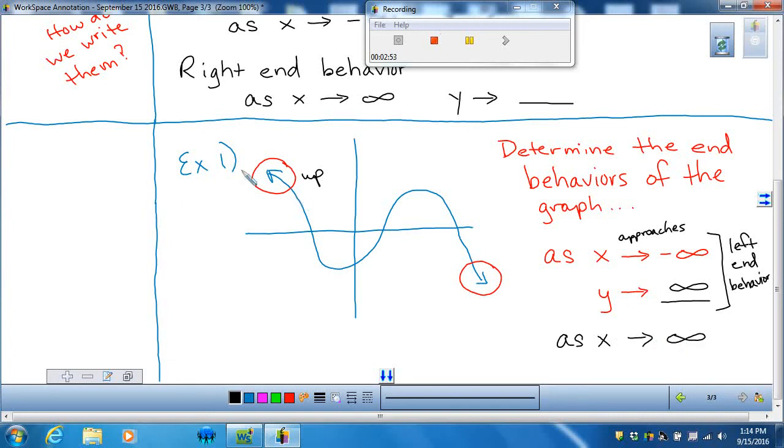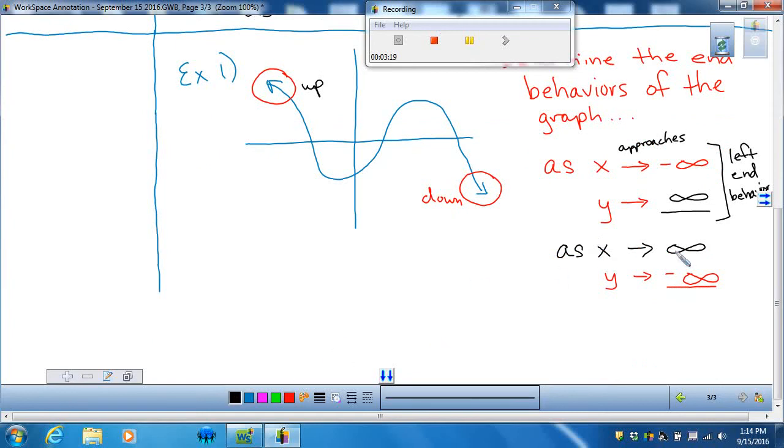So when you go to the left, x is approaching negative infinity. When you go to the right, x approaches positive infinity. So what is y doing as x comes to the right? Well, you'll notice that this arrow is going down. So y is approaching negative infinity on this particular graph.